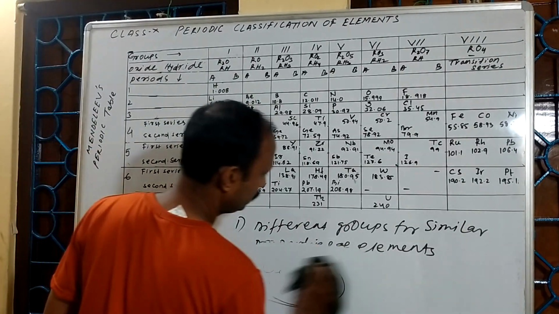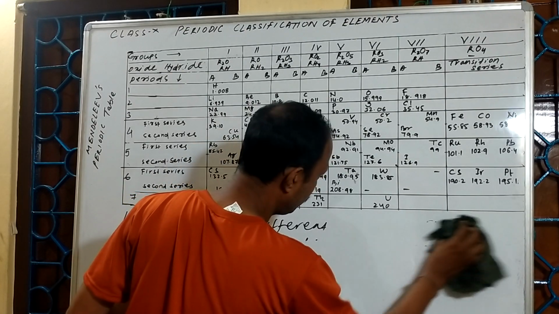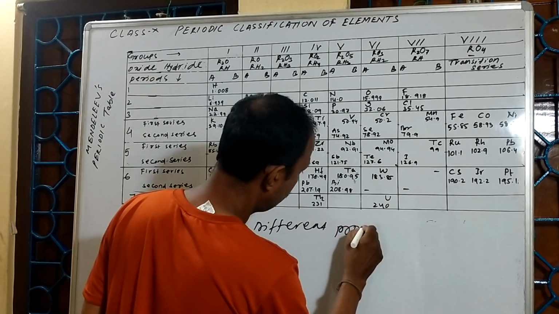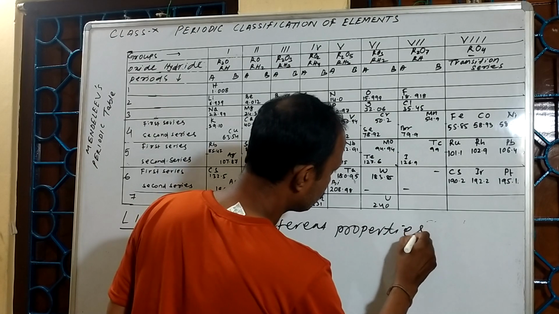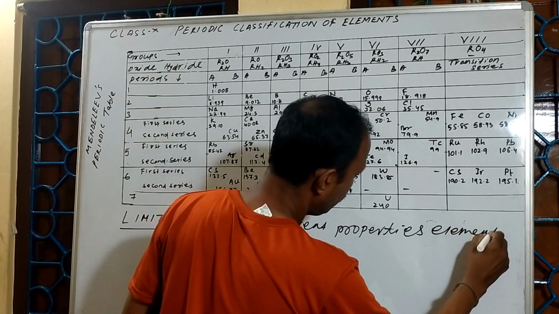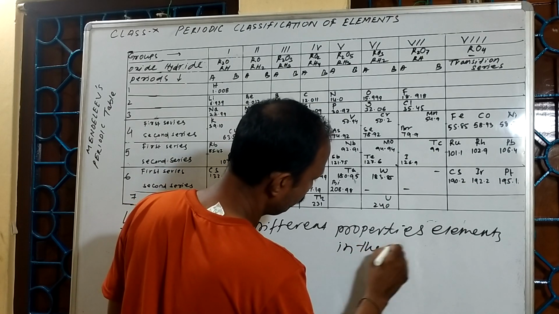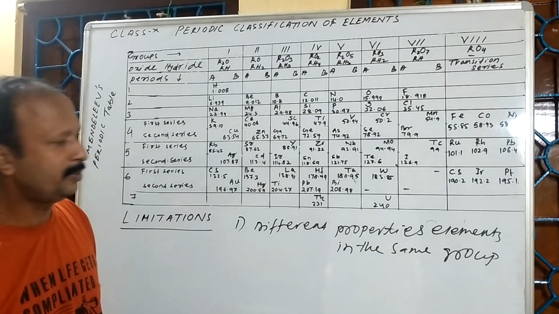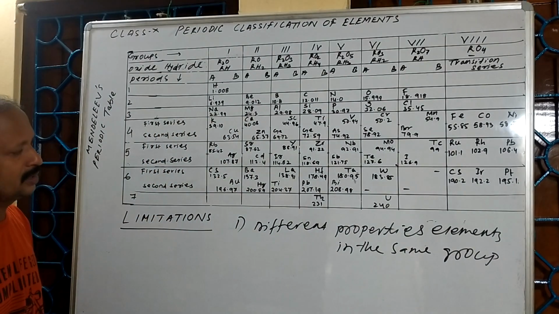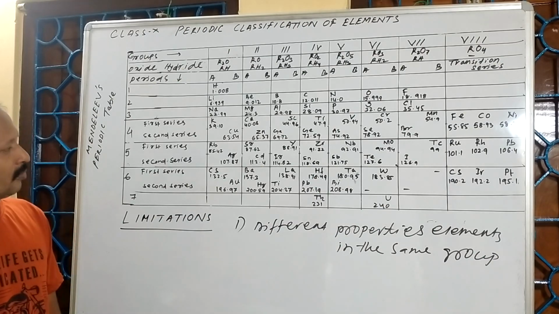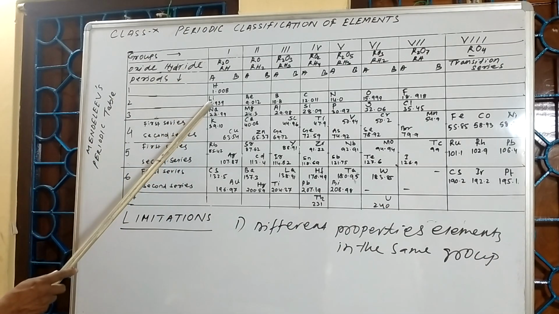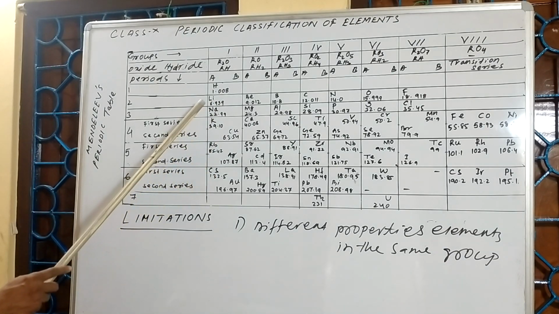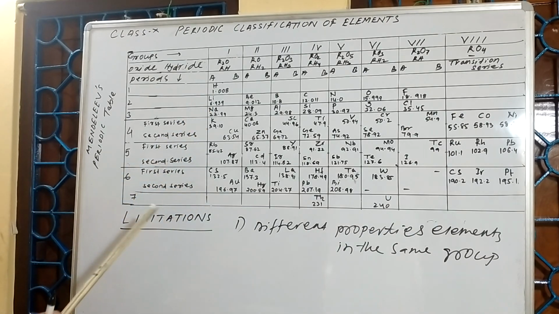Next one, different properties of elements in the same group. Just the reverse of the previous point. For example, lithium, sodium, potassium, rubidium, cesium have the same properties.